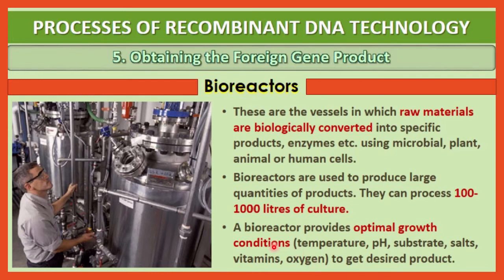In this vessel all the conditions are kept at the optimum level, so we can get a high level of product. Optimal conditions like temperature, pH, substrate concentration, salts, vitamins and oxygen availability are maintained inside the bioreactor, and so we get the desired products.